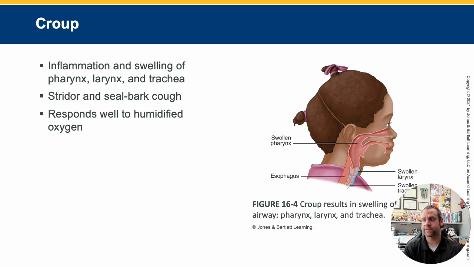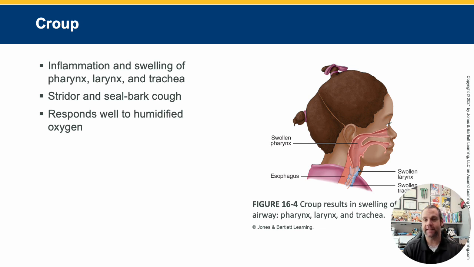Now, when we're dealing with children with airway issues, you always want to assess them for dehydration as well, because a lot of times the child doesn't want to drink anything because it hurts to swallow, so they won't eat, they won't drink, and then that could lead to dehydration, which is going to exacerbate their overall outcomes.